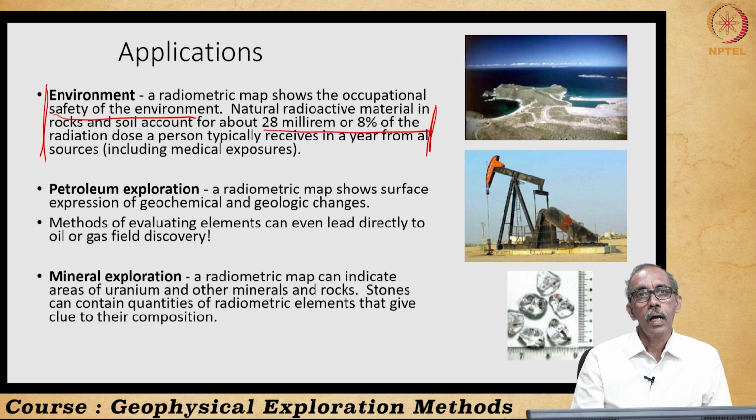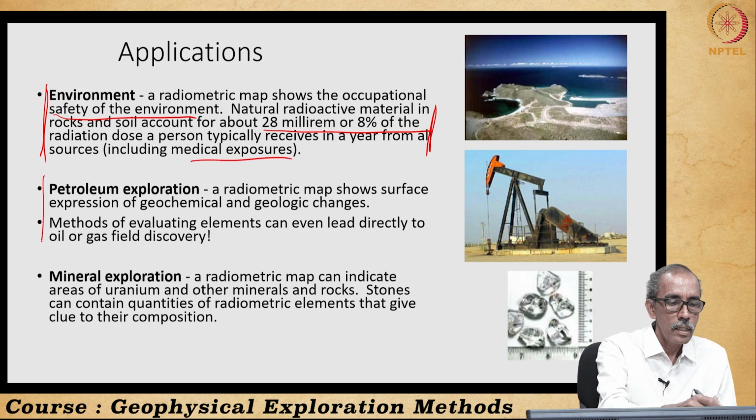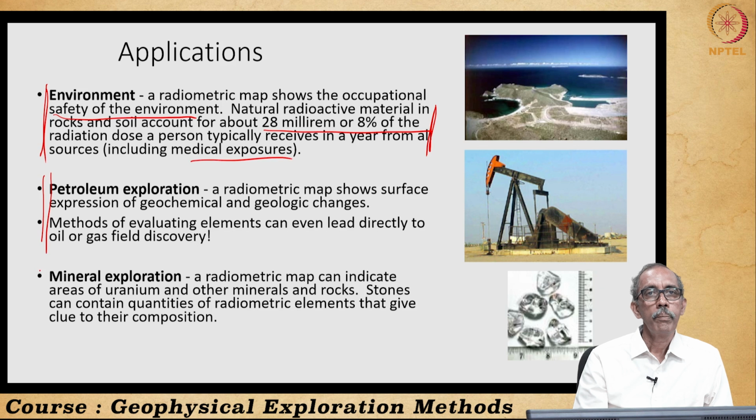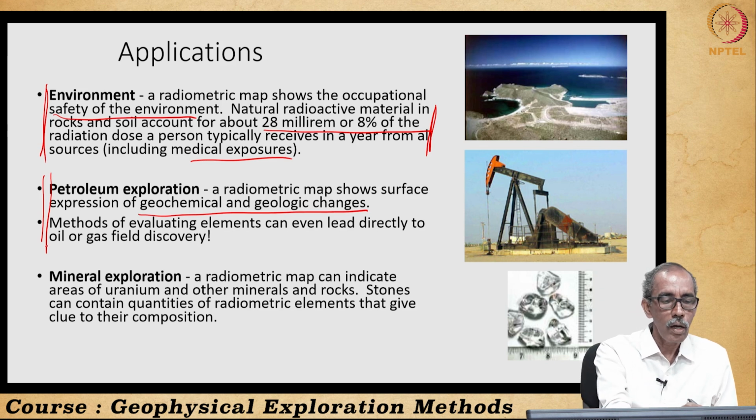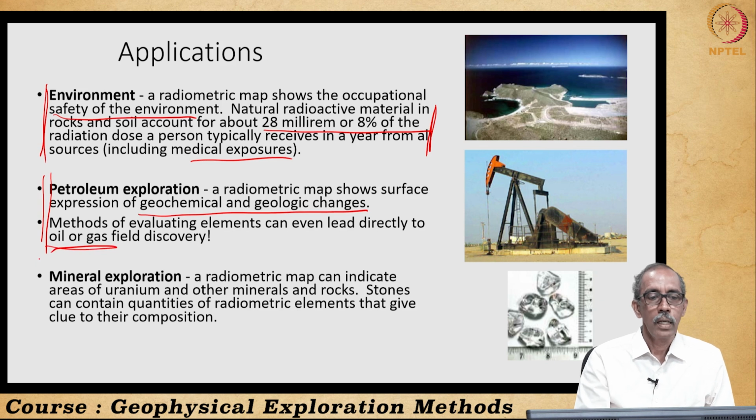including medical exposures. And it is very much in use for petroleum exploration because radiometric methods show regions of geochemical and geological changes. This helps us to directly understand the possible locations of oil and gas reservoirs.